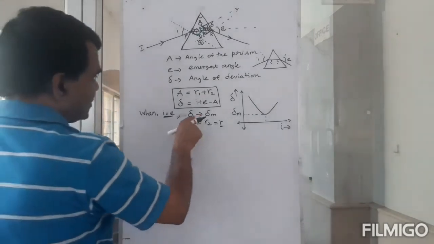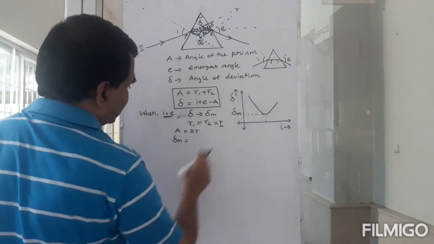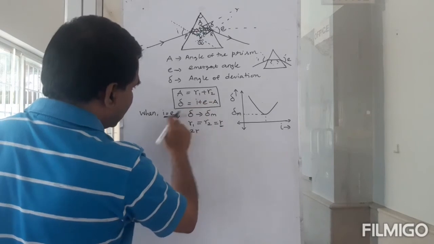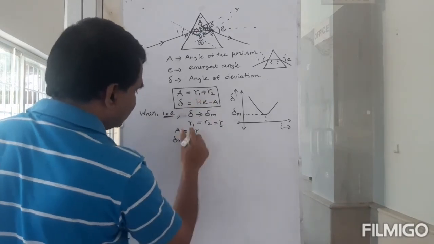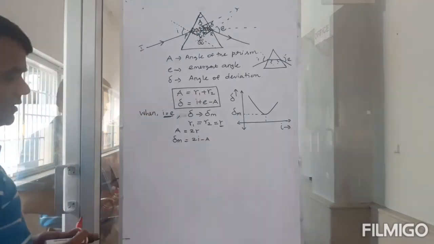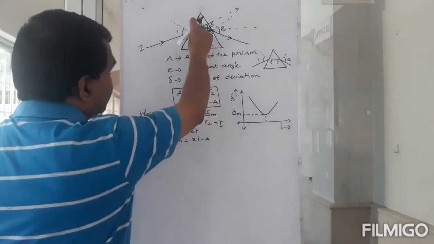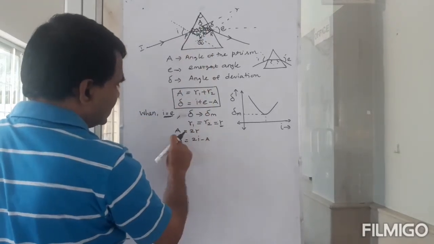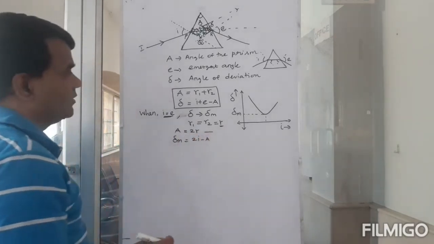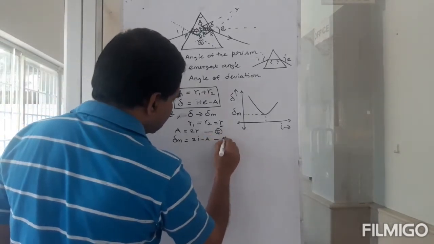Well, then what will happen to delta M? The angle of minimum deviation, this part, is equal to, if I is equal to E, then this will become 2I minus A. Very easily. So that gives you two things. Can I represent R in terms of A and I in terms of delta M? So from this equation, which I will call 5, and this is 6.